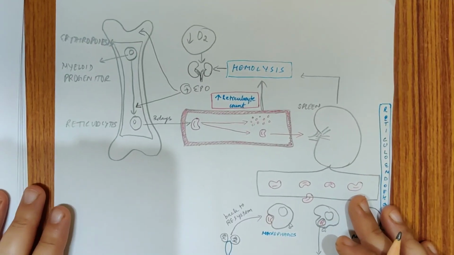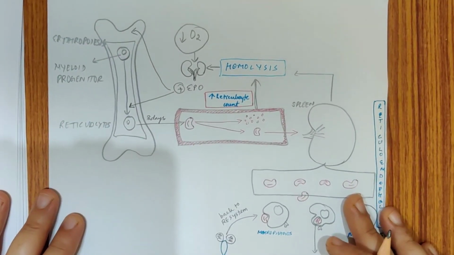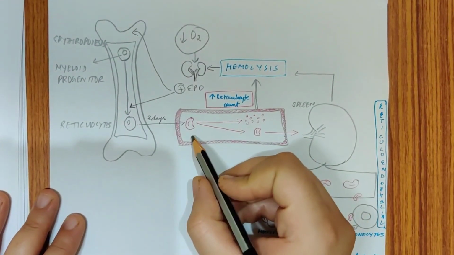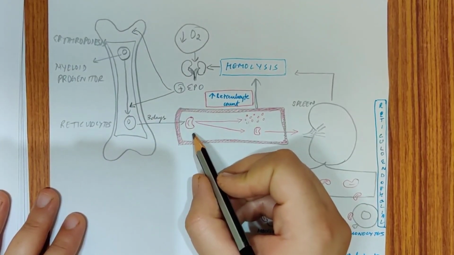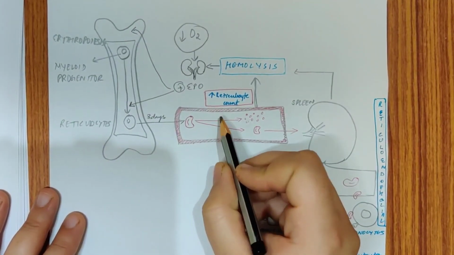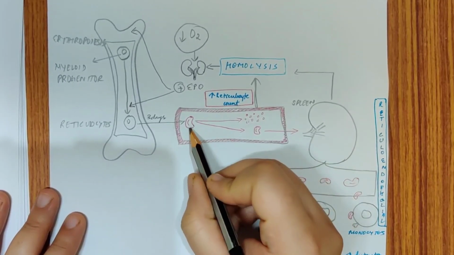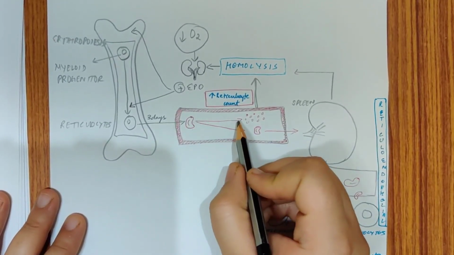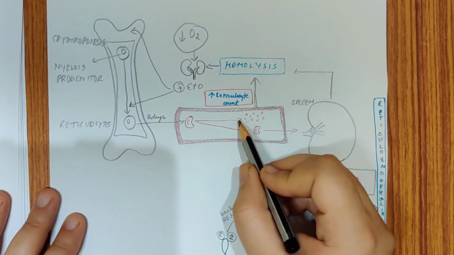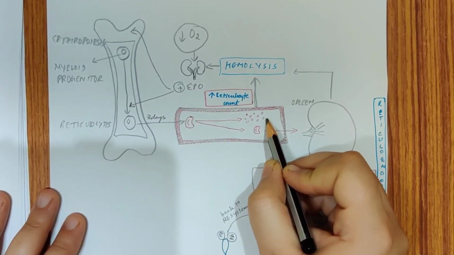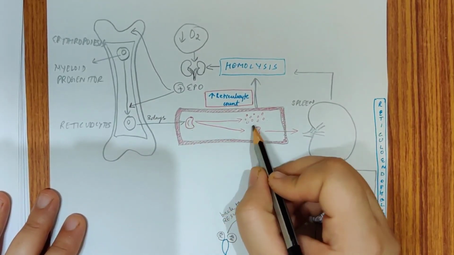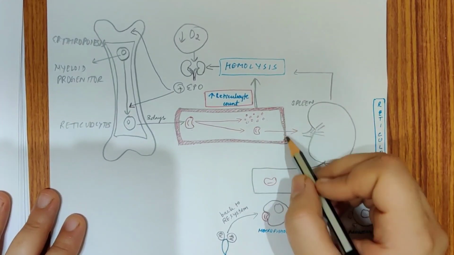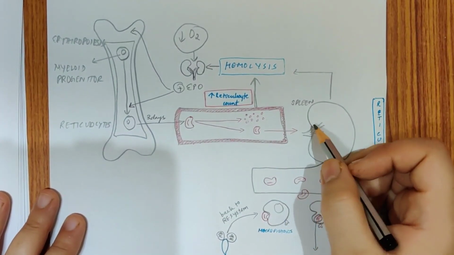You need to follow this diagram as I direct. In intravascular hemolysis, you have a vessel, and inside this vessel you have an RBC. When this RBC breaks down inside the vessel, it is known as intravascular hemolysis. But if this red cell goes outside the vessel, it is known as extravascular hemolysis.